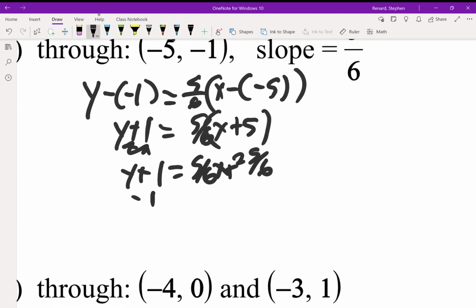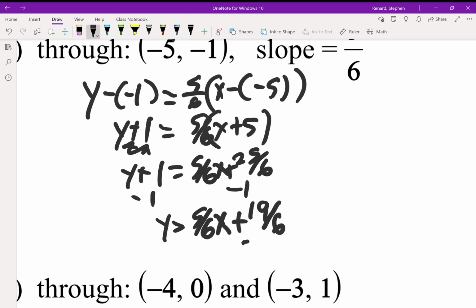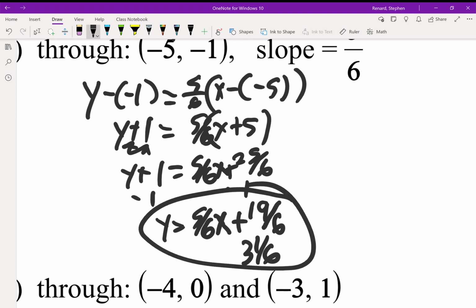So when we're subtracting 1, we're subtracting 6/6. So y equals 5/6x plus 25 minus 6 is 19/6, or 3 1/6. Either one of those would be okay.